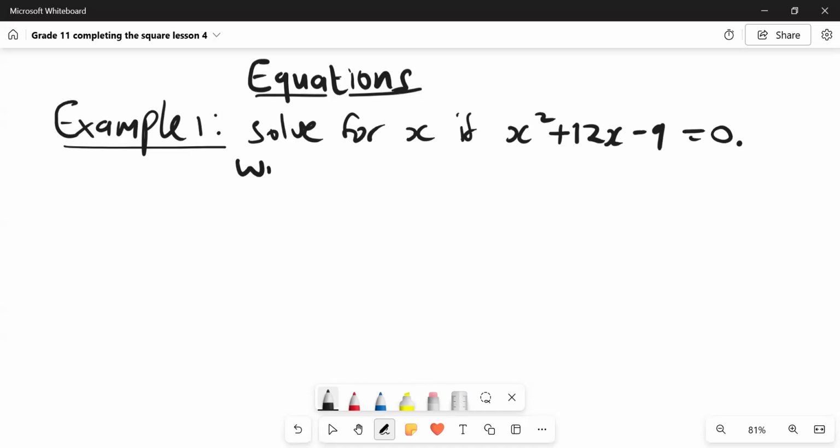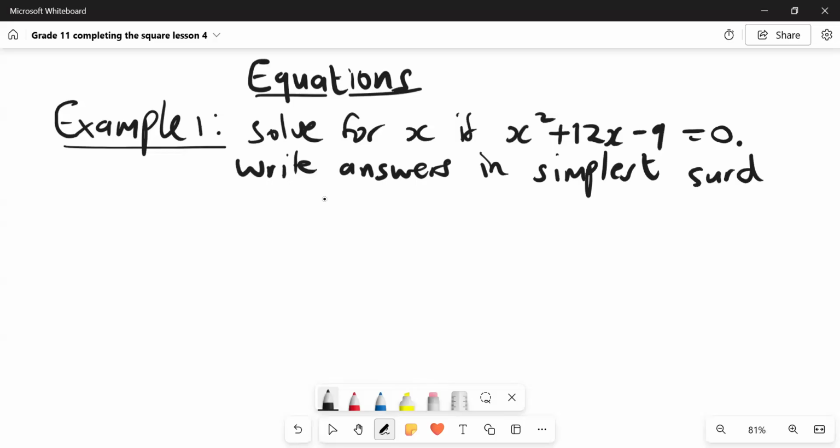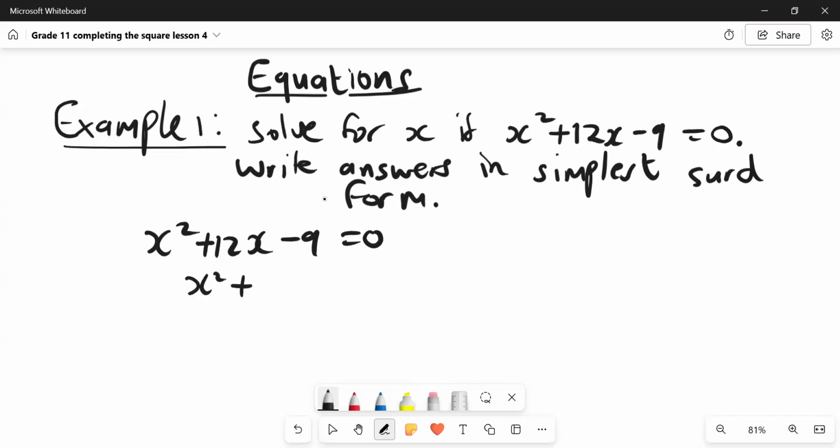And then write answers in simplest surd form. So that's not a problem. The first thing that we have to do there, you have your x squared plus 12x minus 9 equals to 0. Move the constant to the right hand side. So you'll have your x squared plus 12x equals to 9.